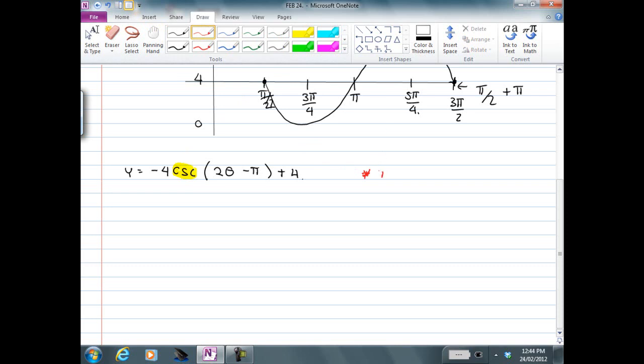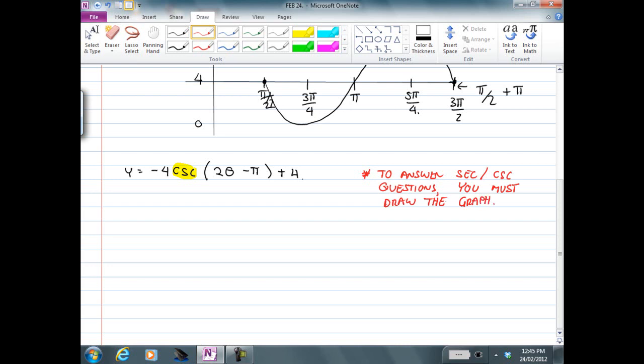To answer secant and cosecant questions, you must, this is a must now, draw the graph.